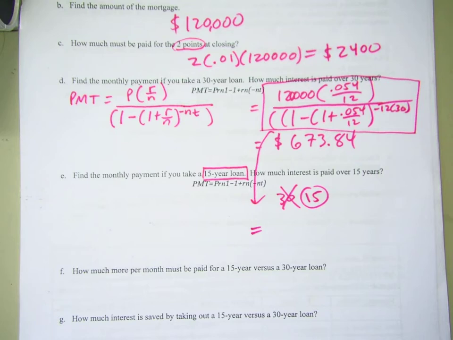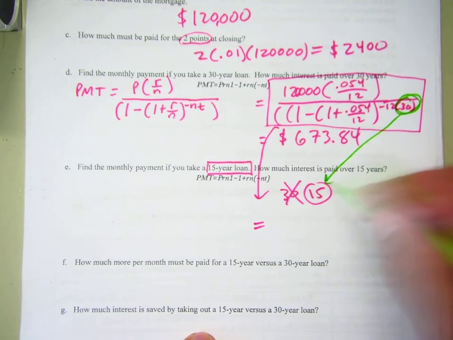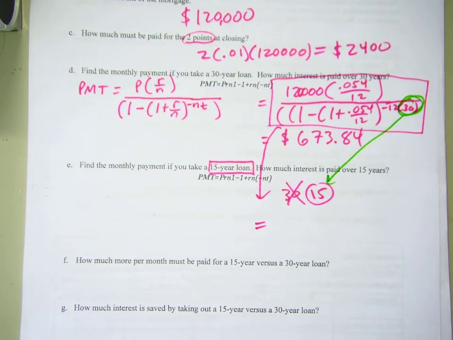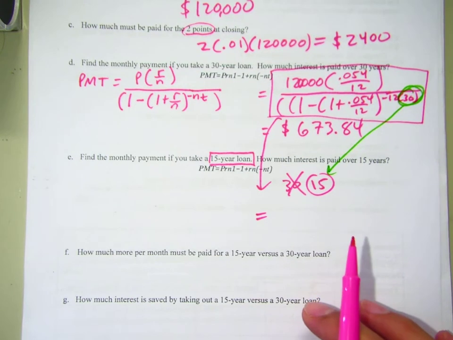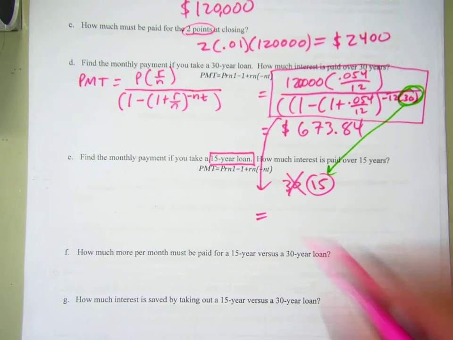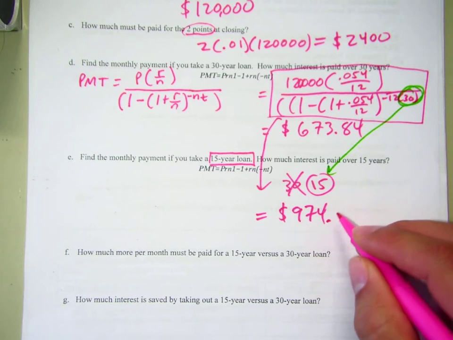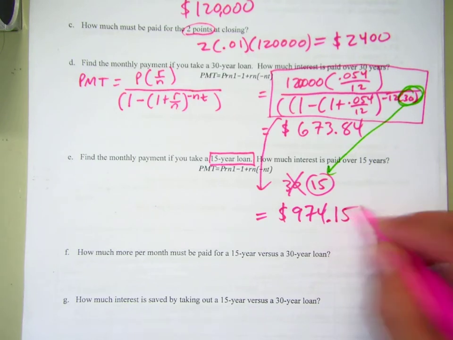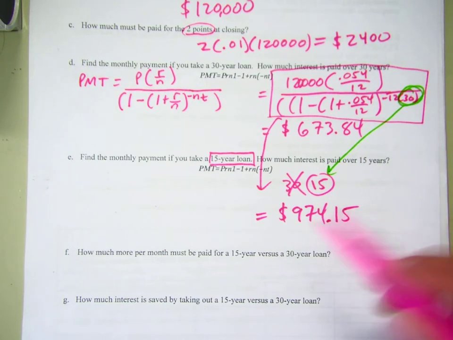What do we get? I got 974.14. So remember, we always round up, regardless of whether it's 0.141 or 0.145, we always round up.